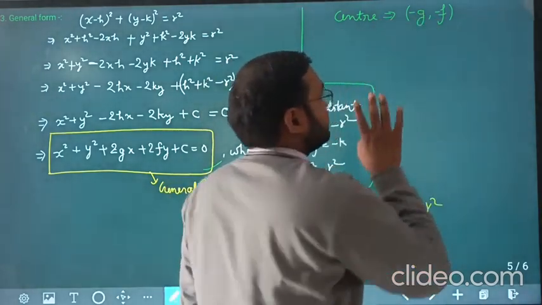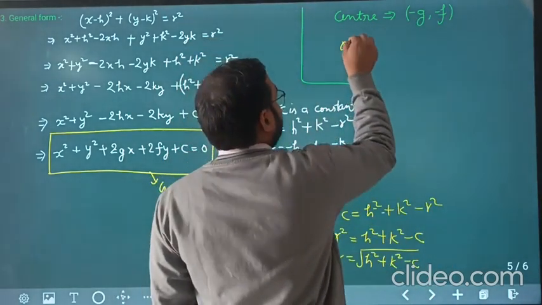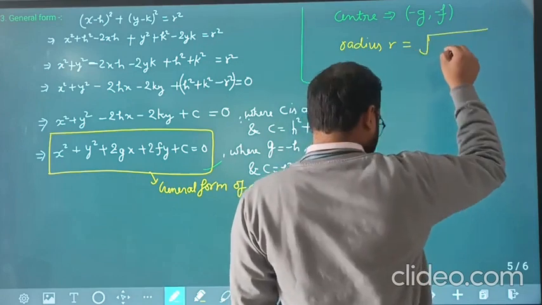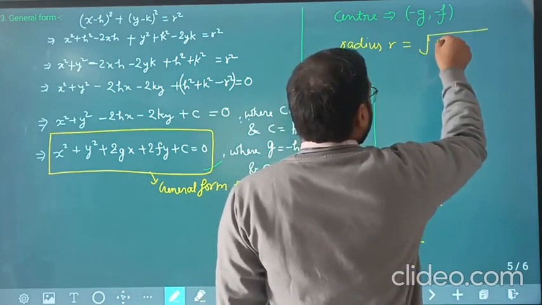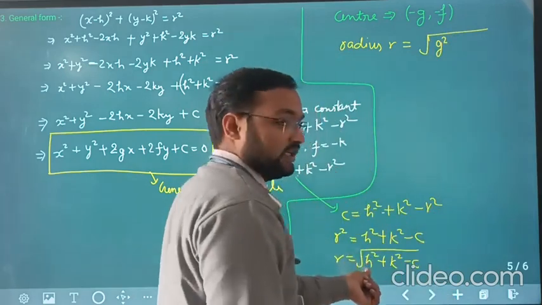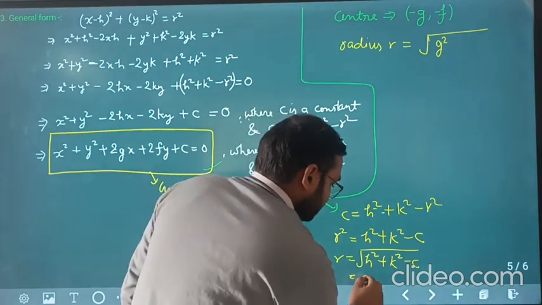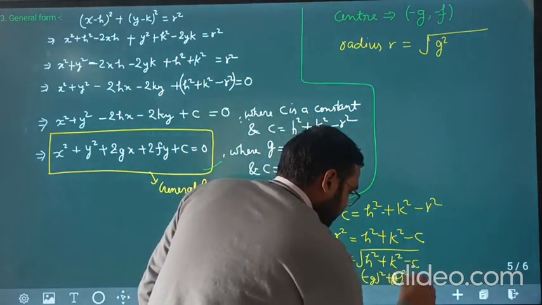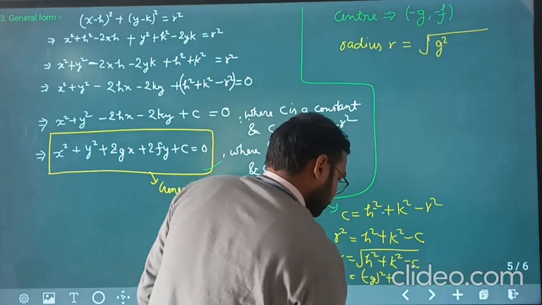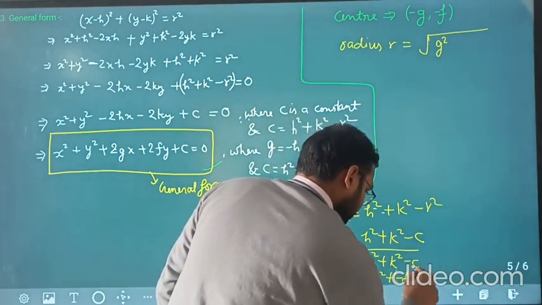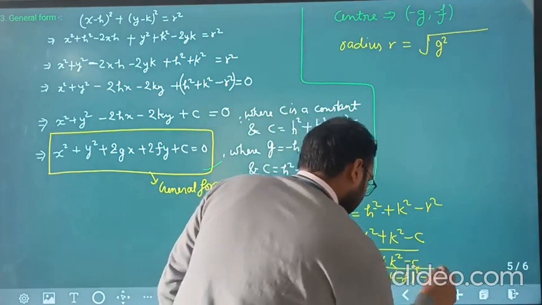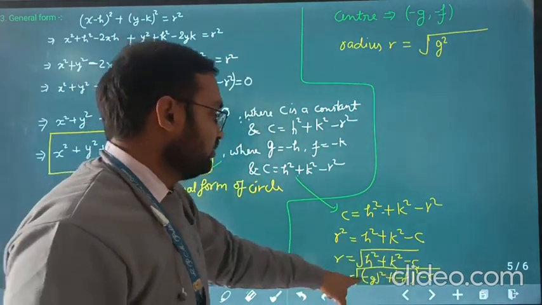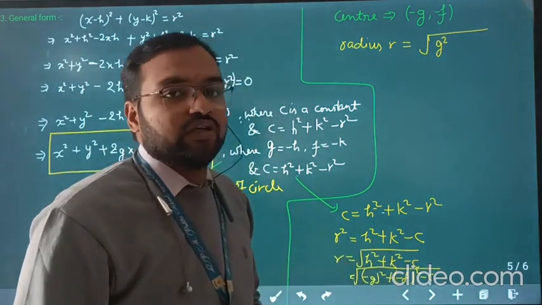So the center is (minus g, minus f), and the radius r is equal to under root g square plus f square minus c, because h is equal to minus g, k is equal to minus f, so (minus g) square is also equal to g square.